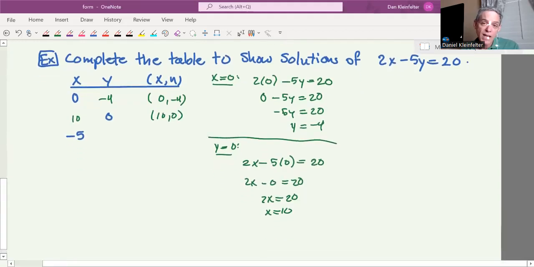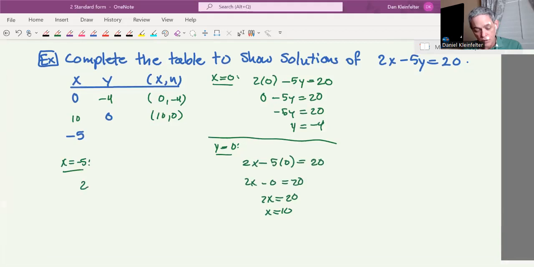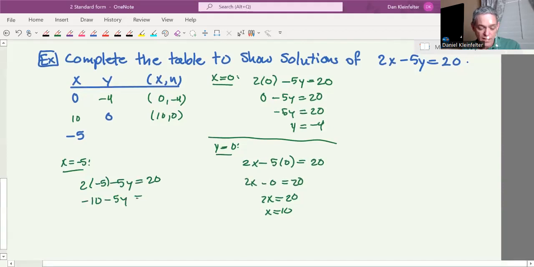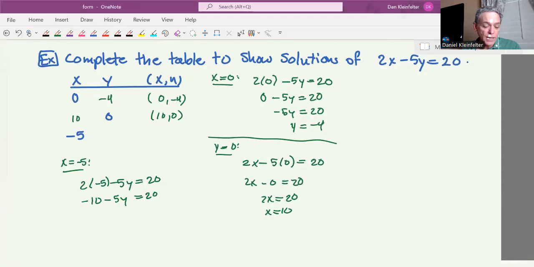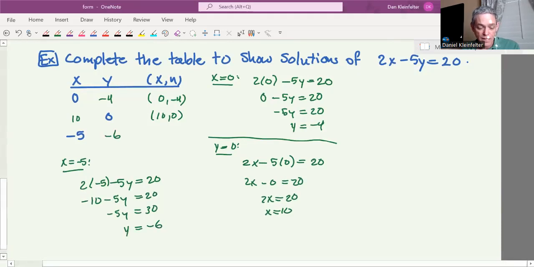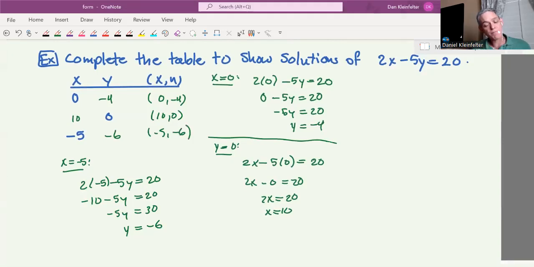For the last one, we have x is negative 5. So let's see that. 2 times negative 5 minus 5y is equal to 20. Negative 10 minus 5y is 20. Negative 5y is 30. And so y is negative 6. And so our pair here is negative 5, negative 6.